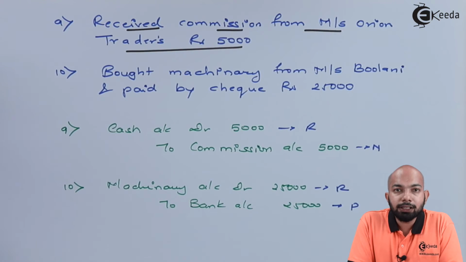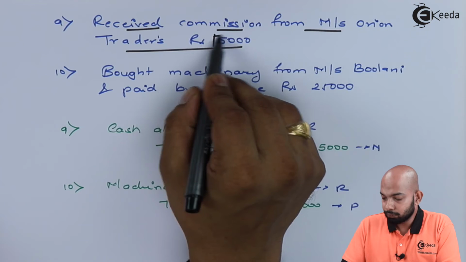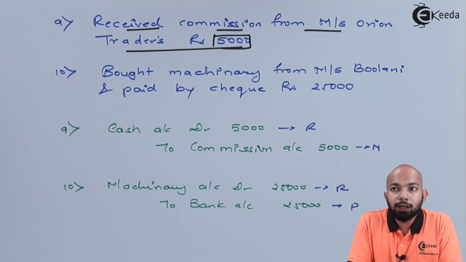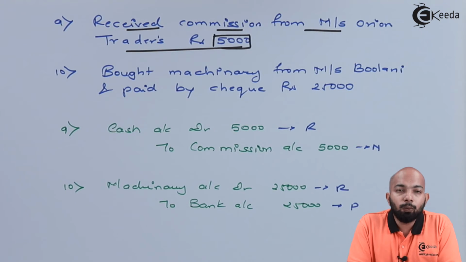Received commission from Messrs. Orion Traders. The amount has been mentioned here. I'll highlight that for you. 5,000. We have received commission from Messrs. Orion Traders, rupees 5,000. Now we are receiving commission from one specific company or a partnership firm. Commission is an income because we have received it.